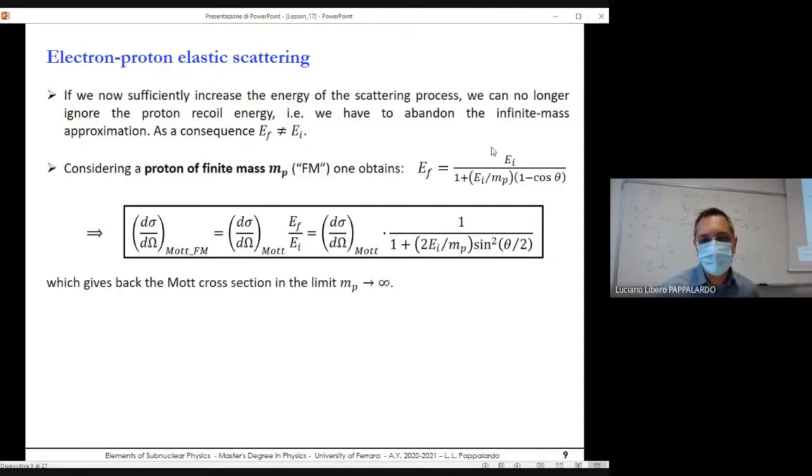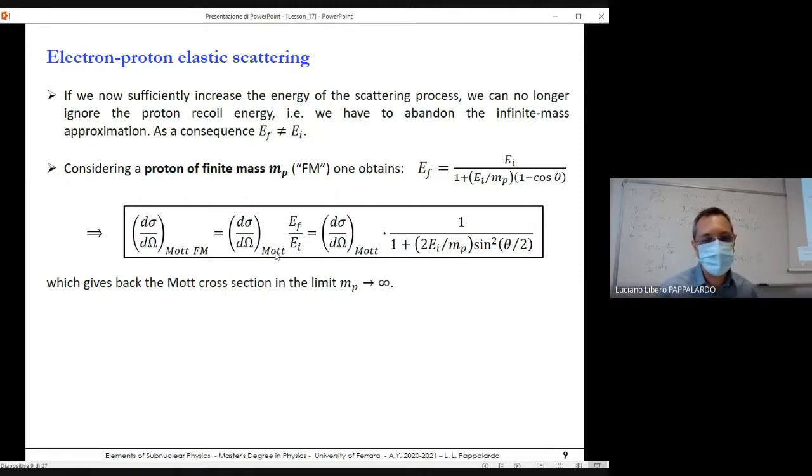By simple kinematics, one can obtain that the energy of the scattered electron is related to the energy of the incoming electron by this relation here, which also depends on the scattering angle. So we can correct our Mott cross-section, including this finite mass regime where the proton is no longer infinitely massive.